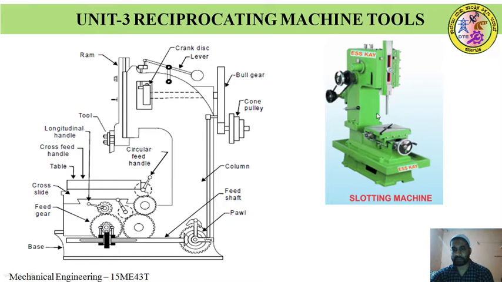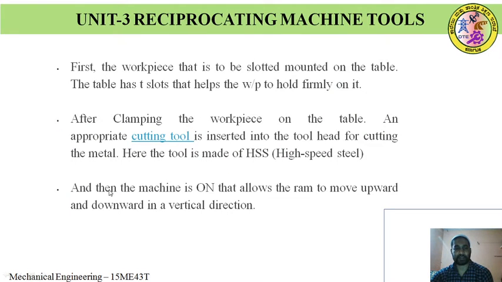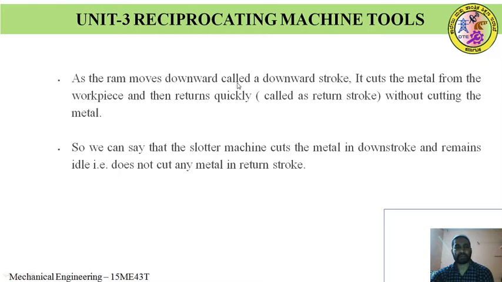As the ram moves downward, called the downward stroke, it cuts the metal from the workpiece, and then it moves upward, also known as the return stroke, quickly without cutting the metal. Similar to the shaper, in the forward stroke the cutting action takes place, but during the return stroke there is no cutting action, so it is performed quickly. That's why it is called a quick return motion mechanism.